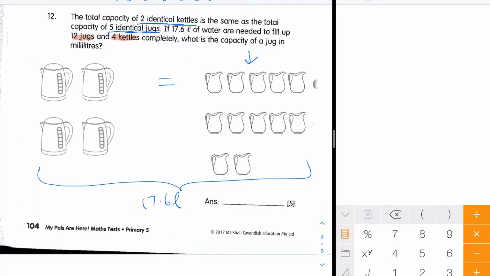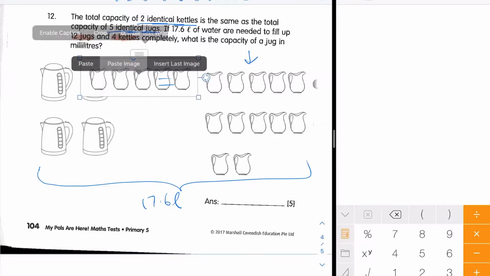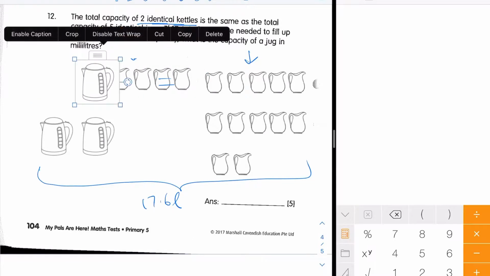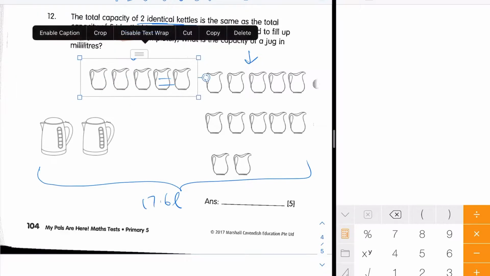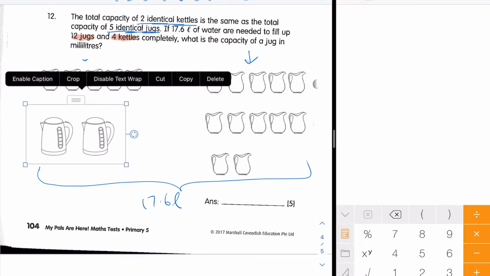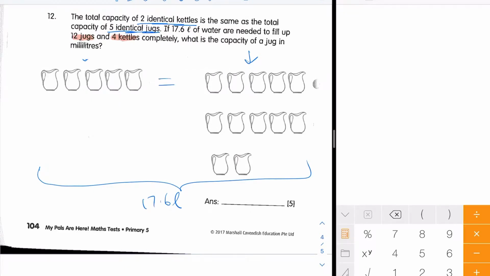So we can actually replace every 2 kettles with 5 jugs, which is what I'm going to do now. I'm going to duplicate this and insert this here in place of these kettles.